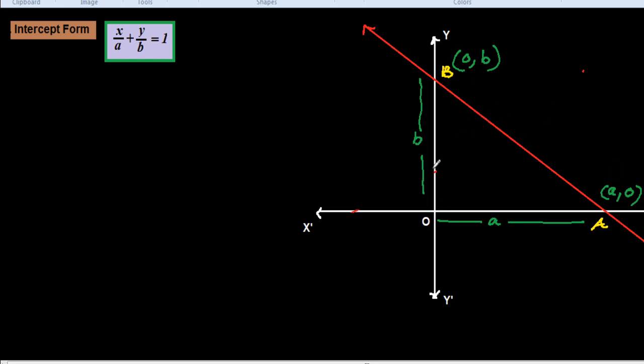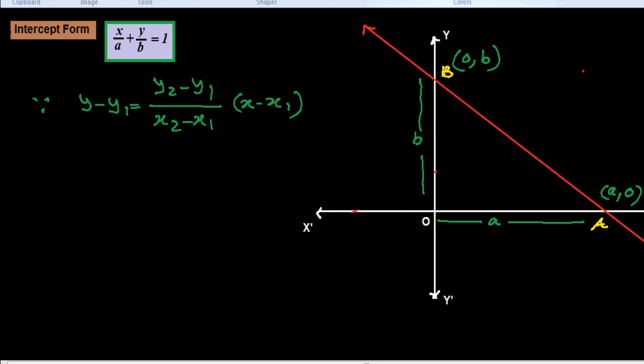We know the two point form of a straight line, already we know the formula: y minus y1 is equal to y2 minus y1 over x2 minus x1 times x minus x1.